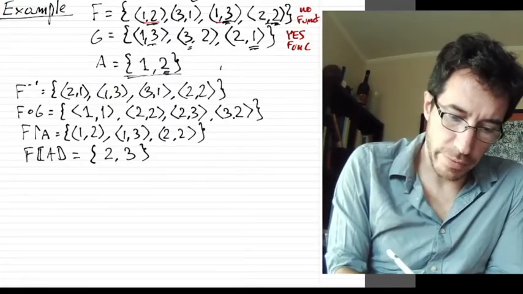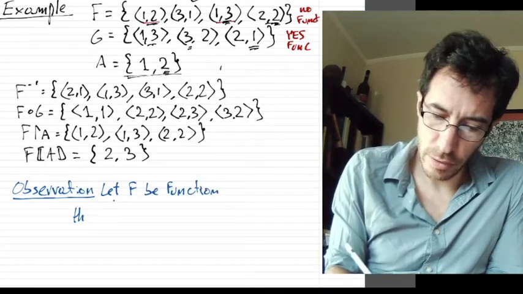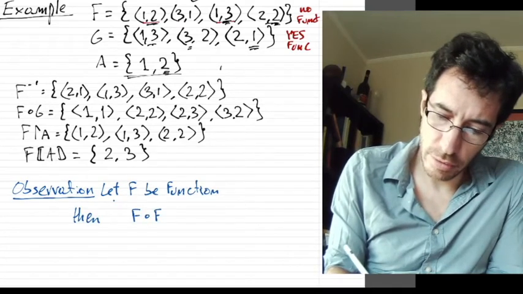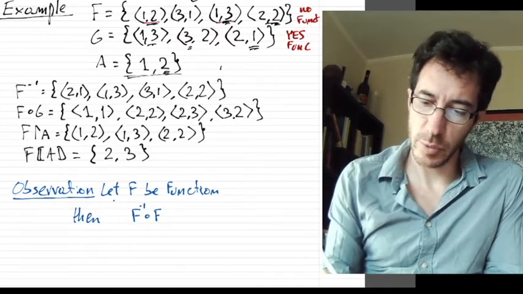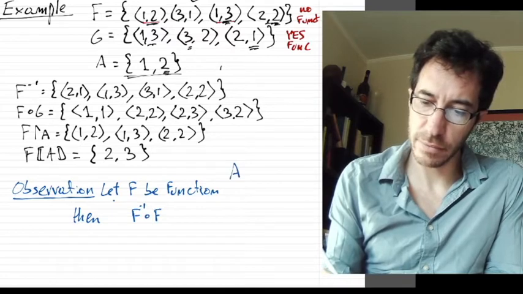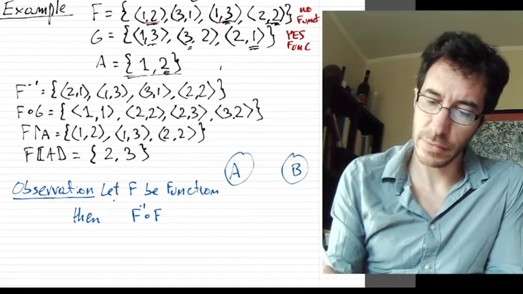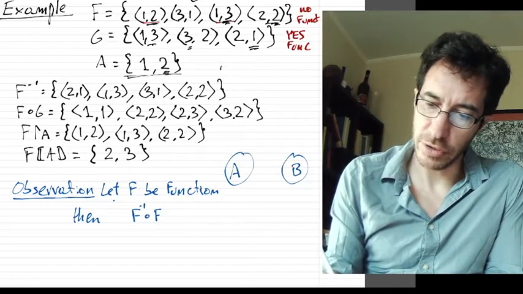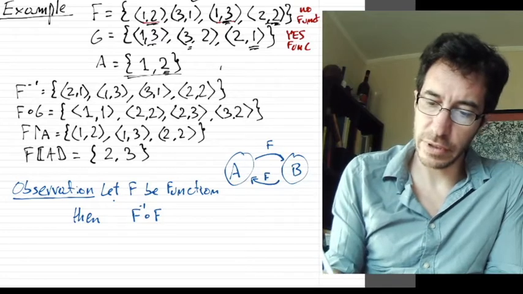Okay, here is an observation for you guys. Let F be a function. Then what is F inverse composed with F? Suppose the function goes from a set A to a set B. Here is your function F, here is your function F inverse.